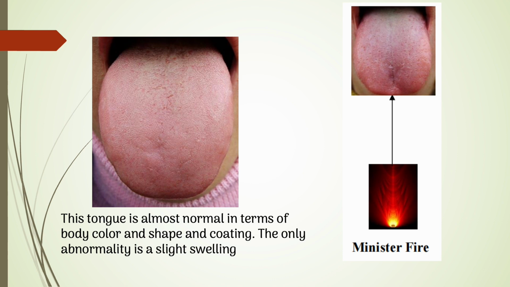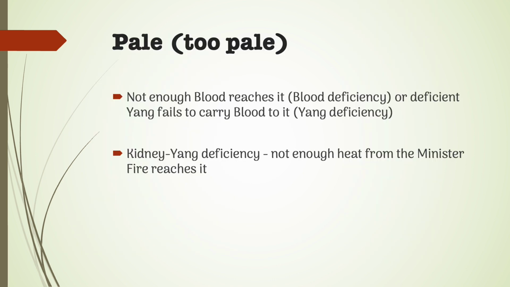This tongue is almost normal in terms of body color and shape and coating. The only abnormality is a slight swelling. By pale is meant a tongue that is too pale, not a normal pale red tongue.